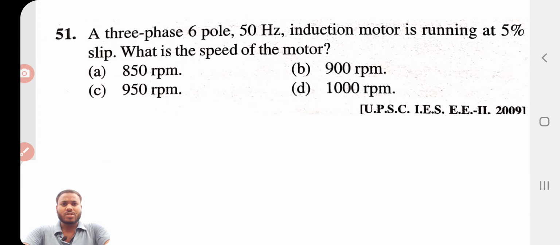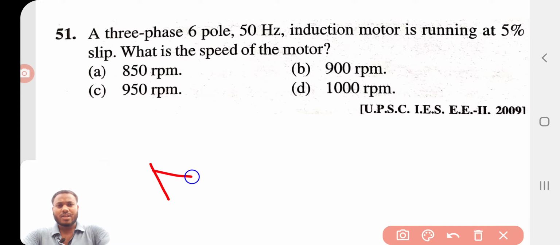Next, solve the question. A three-phase 6-pole 50 Hz induction motor is running at 5% slip. What is the speed of the motor? So here it asks for the rotor speed, NR.